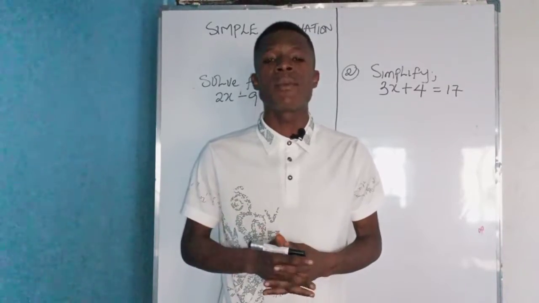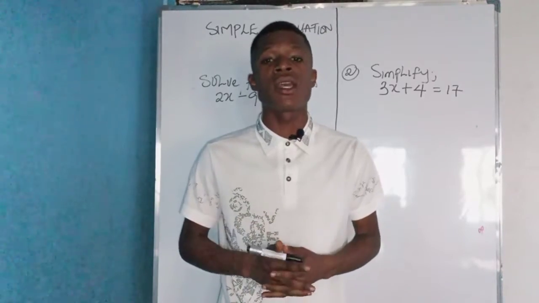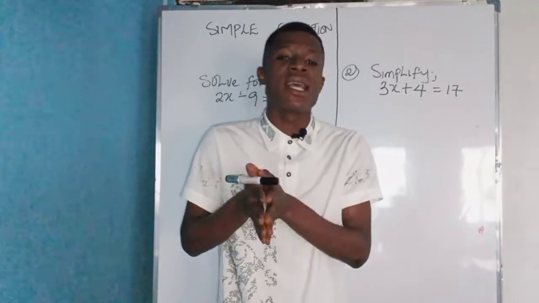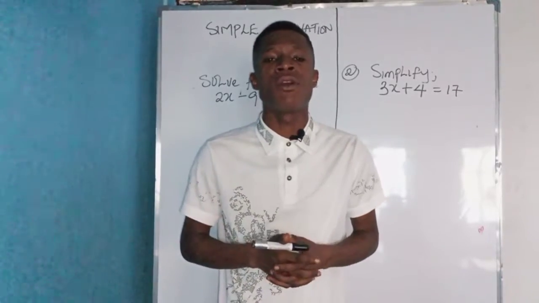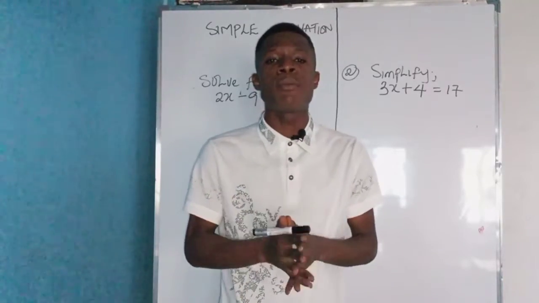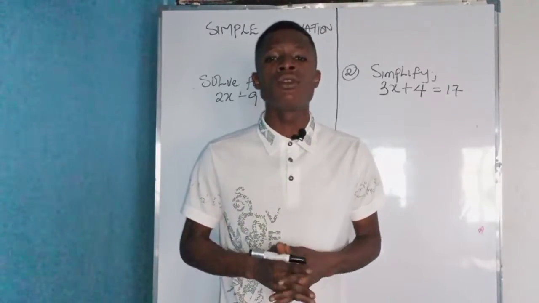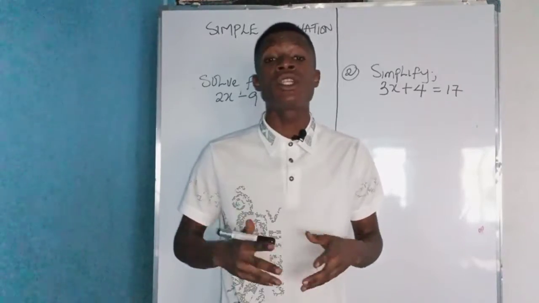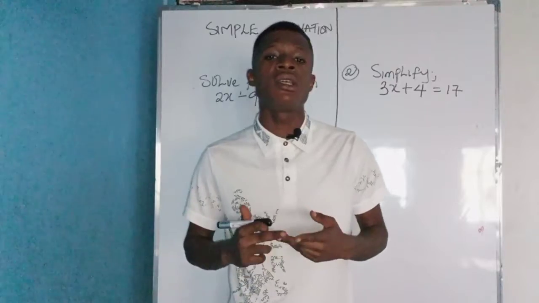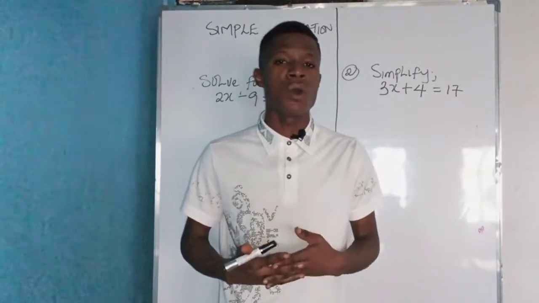We can also say that a simple equation is an algebraic sentence that makes use of the equality sign. In simple equations, we make use of a variable, which is usually our x, y, z, p, and so on.